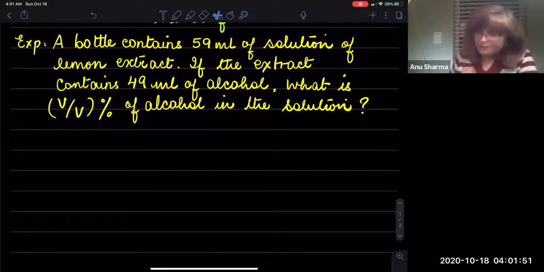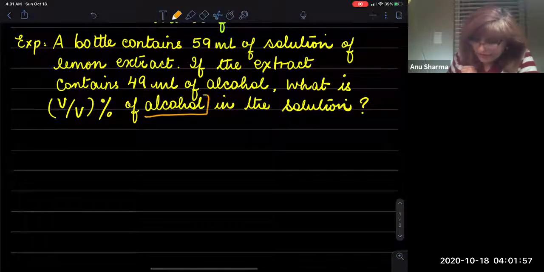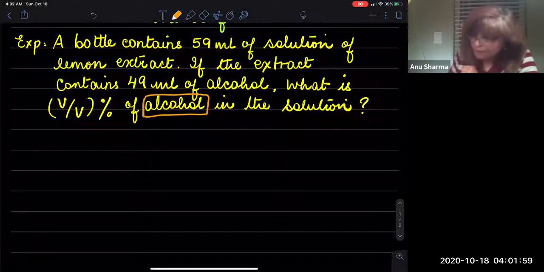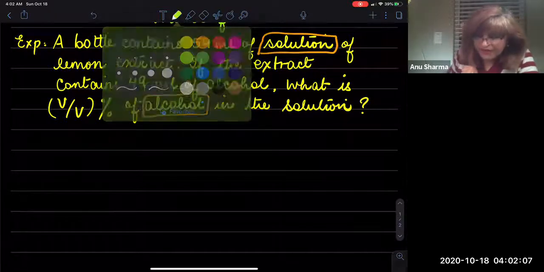So obviously, alcohol is going to be the solute, and then you are given the complete solution, which is 59 milliliters. So in this case, you don't need to add because you're already given the solution.